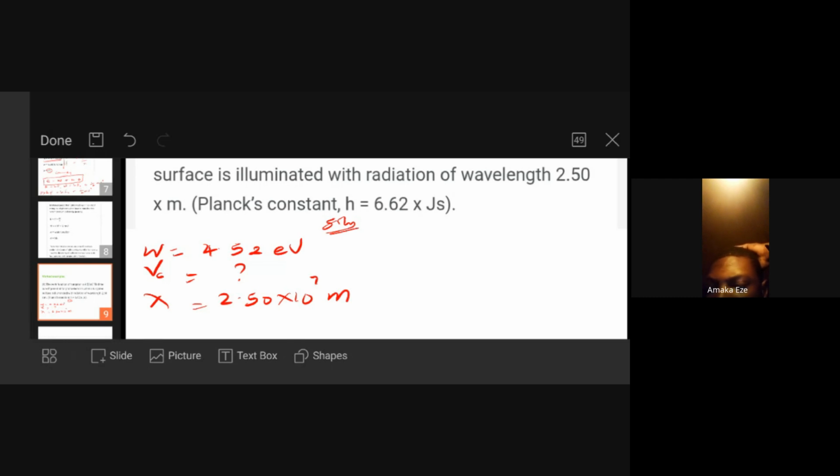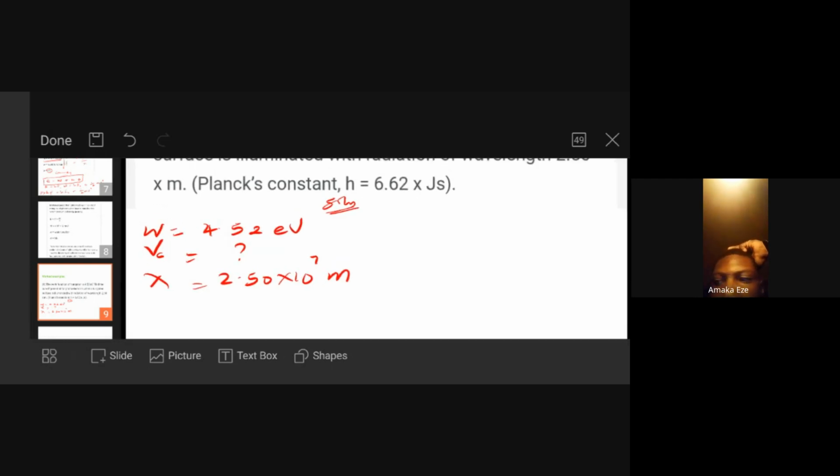And then, of course, it gave us Planck's constant h, which is 6.62 times 10 raised to power minus 34 joules second.